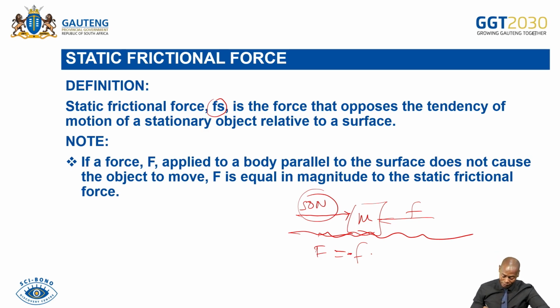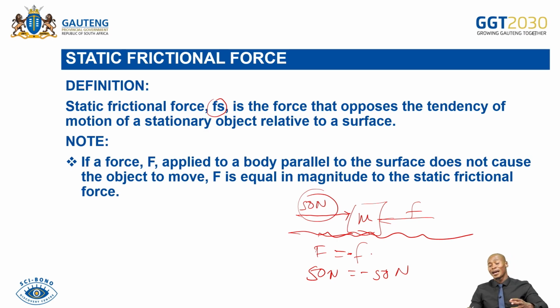So if you are applying 50 newtons, even this one would be 50 newtons, because the object is not moving. So the reason why it is not moving is because of the static frictional force.